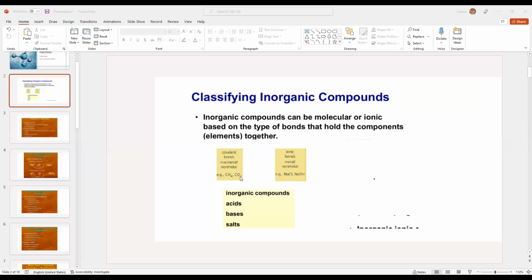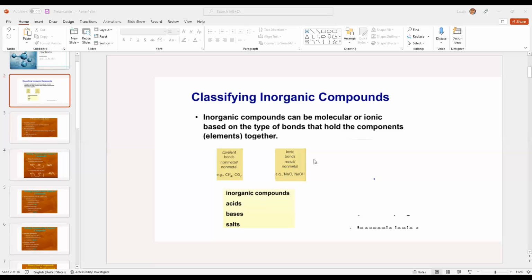Here you have two examples. Carbon dioxide is a compound that everybody knows. On the other hand, we have the ionic bonds that make the ionic compounds, where we have a metal with a non-metal.